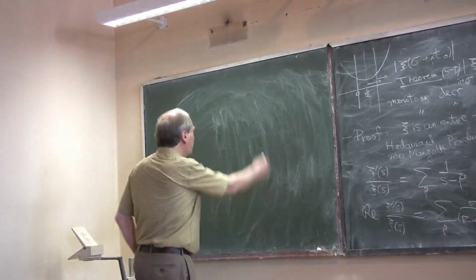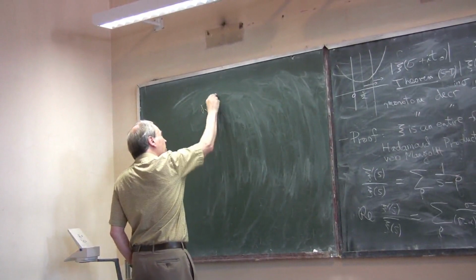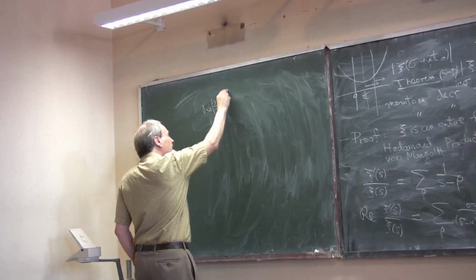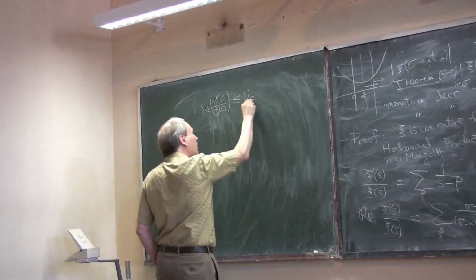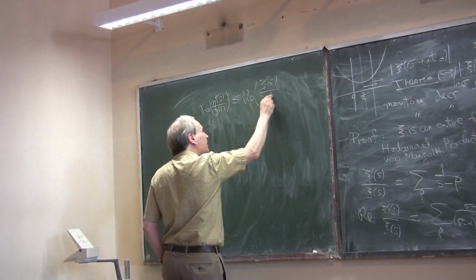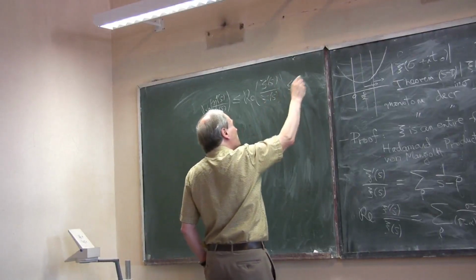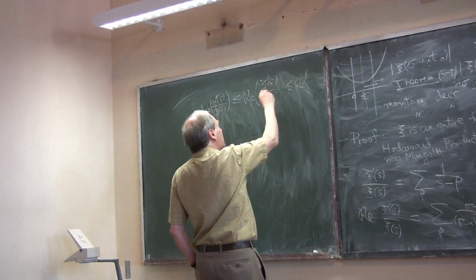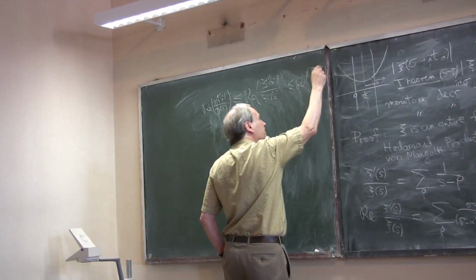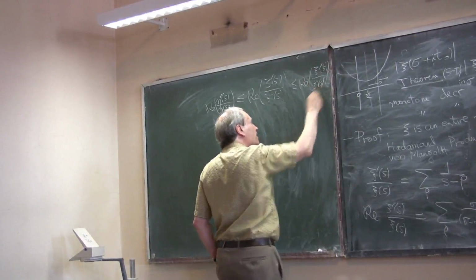We can prove the following inequality: the real part of eta prime of s over eta of s is less than or equal to the real part of zeta prime of s over zeta of s, and that's less than or equal to the real part of psi prime of s, the one we just looked at, over psi of s.